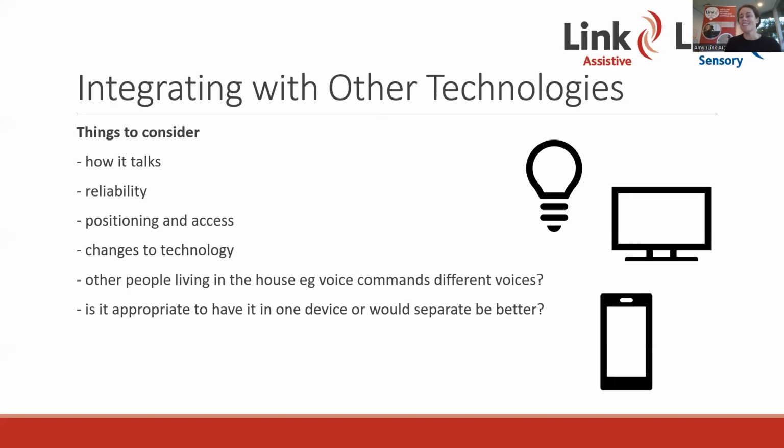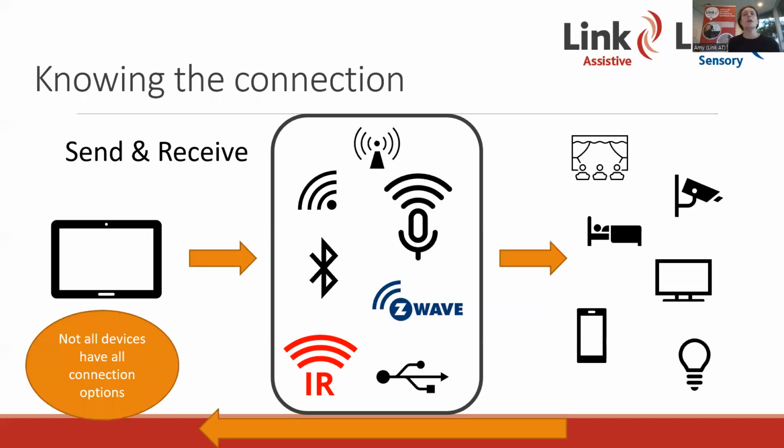All things to think about, and again, all individual. So our first step is to know the connection. And if you're anything like me, and this is all brand new to you, don't worry, you can find it out. I think it's a bit about knowing that there are different options, and it's important that we find out before we tell someone that you can or can't do it with specific devices.